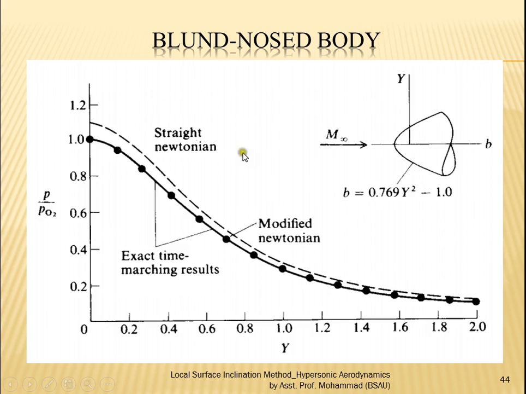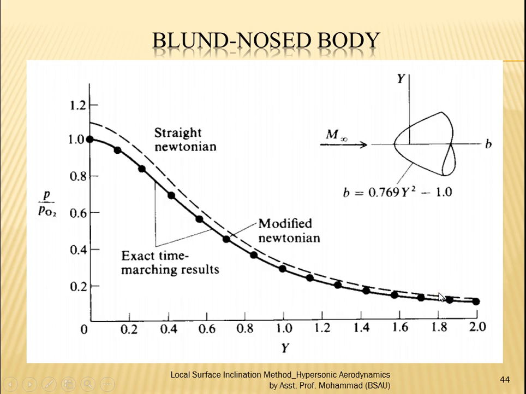The solid line gives the finite difference solution, so that exact solution is there, and the dotted line gives the straight Newtonian law without applying this Cp max concept.